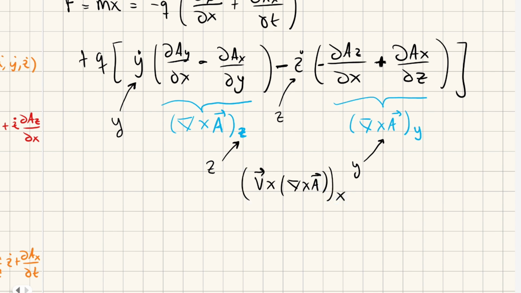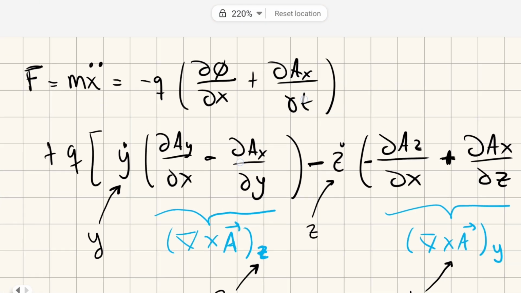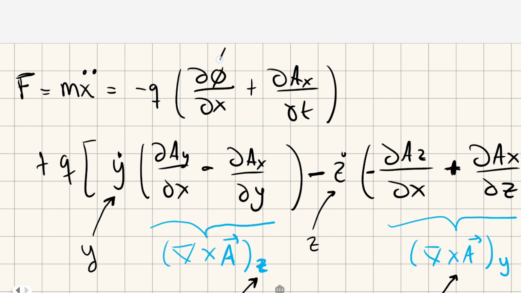So we get the x component, with the y component times the z component minus the z component times the y component. Okay, so this means that m x double dot is going to be equal to minus q, and notice something here.